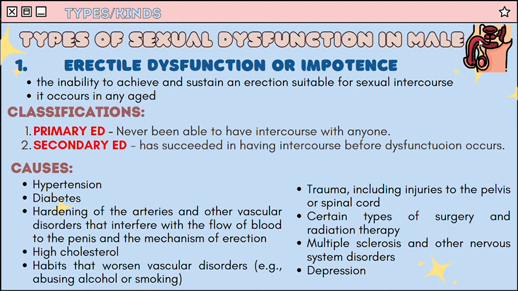Among the conditions associated with erectile dysfunction are hypertension, diabetes, hardening of the arteries, and other vascular disorders that interfere with the flow of blood to the penis and the mechanism of erection, high cholesterol, habits that worsen vascular disorders, like abusing alcohol or smoking, trauma including injuries to the pelvis or spinal cord, certain types of surgery and radiation therapy, multiple sclerosis and other nervous system disorders, and depression.